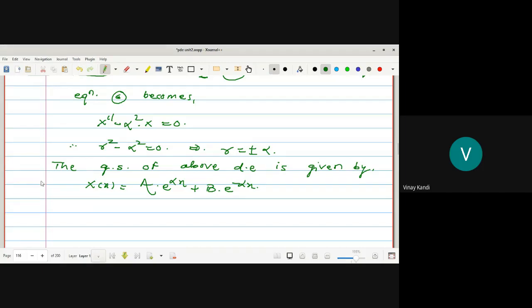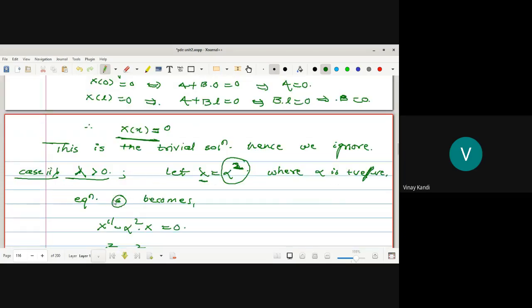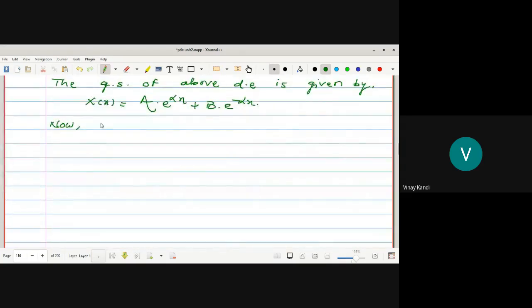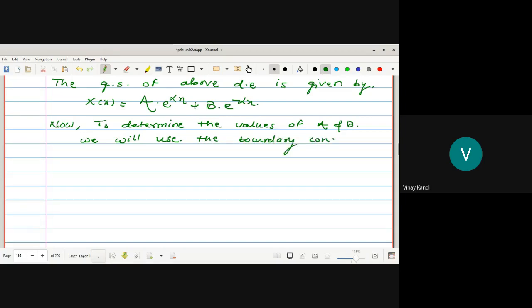Okay, now to determine the values of A and B, which are constants, we will again use the boundary conditions.